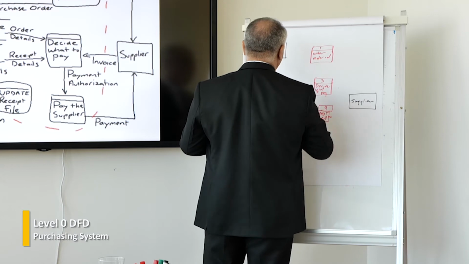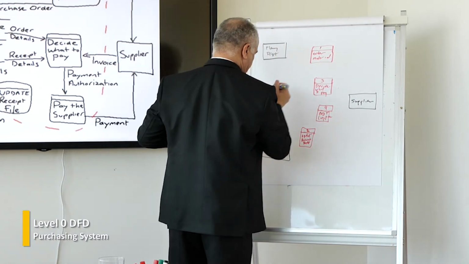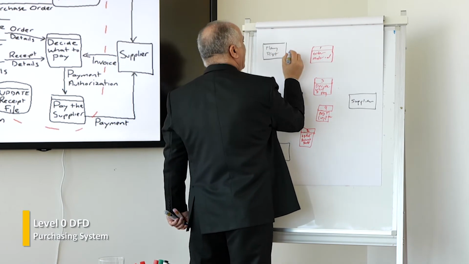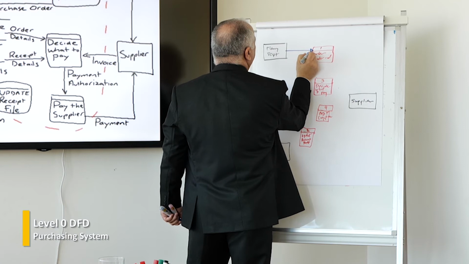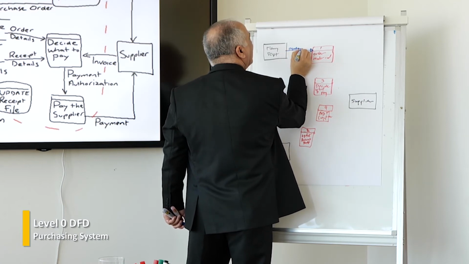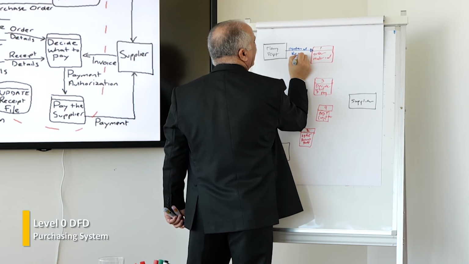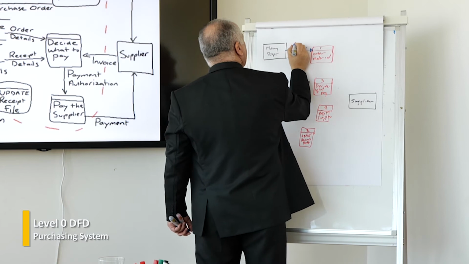Let's go through the sequence. The first is material requested. The planning department is requesting a material. So we call that material requesting. That's number 1.